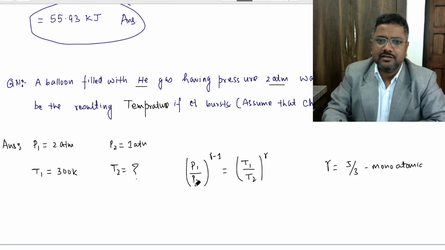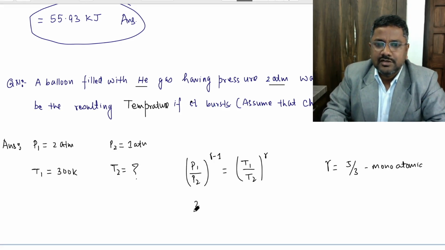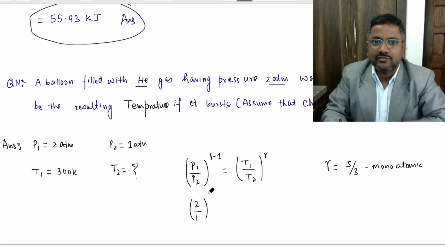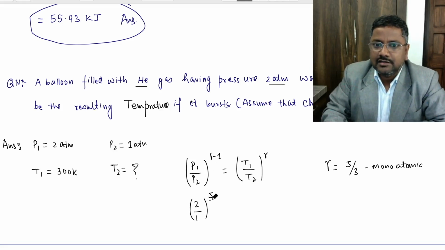Now put P1 2 atm, P2 1 atm, (2 by 1) to the power 5 by 3 minus 1 is equal to (300 by T2) to the power 5 by 3.